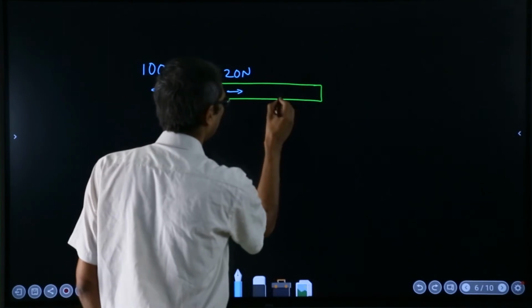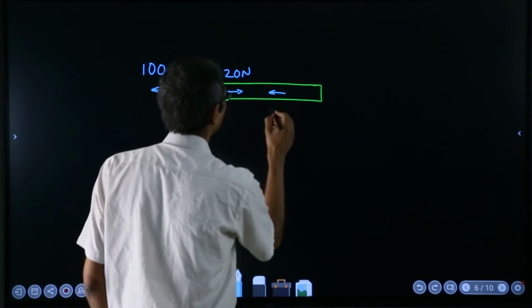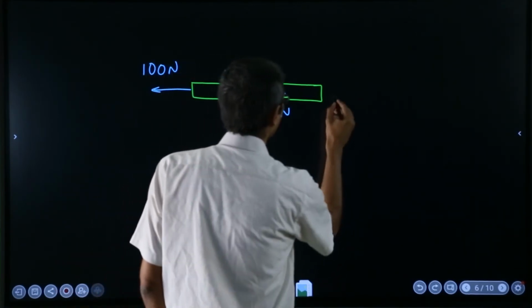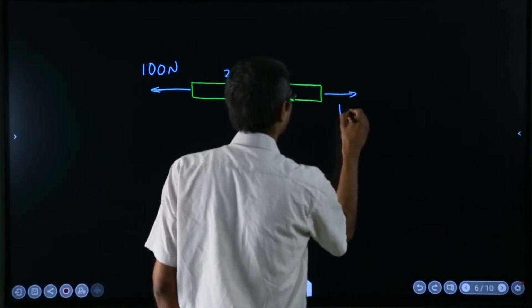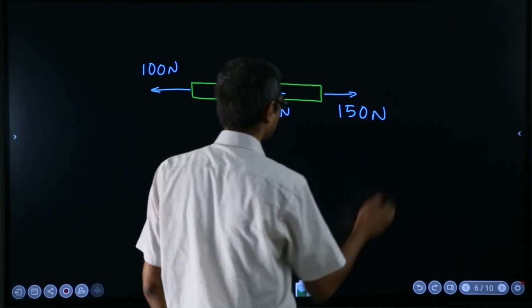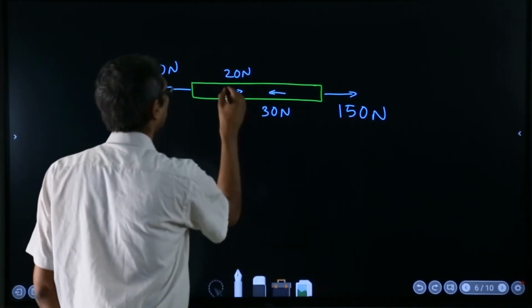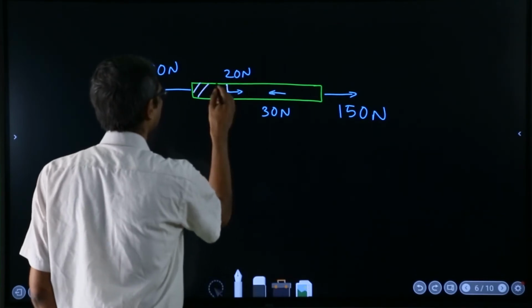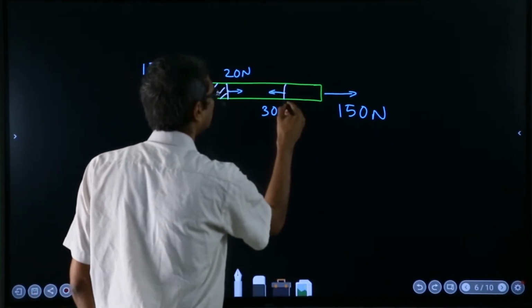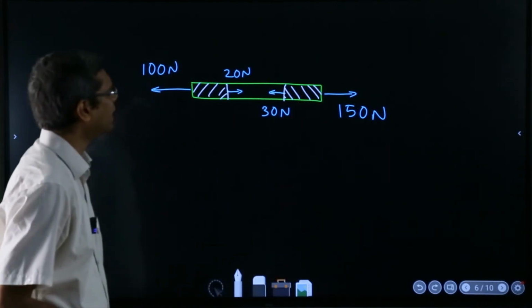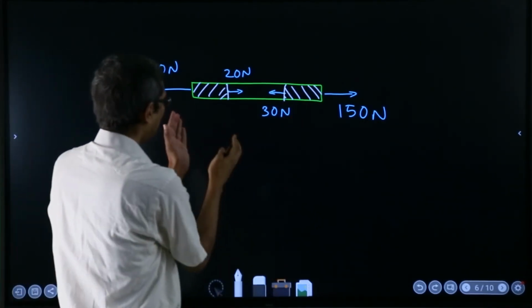Why I am doing this is that it will be more intuitive to think about what's actually happening. 30 Newton, and this is 150 Newton. Then you just imagine these segments. This is one segment, and similarly this is another segment. So now think about them.